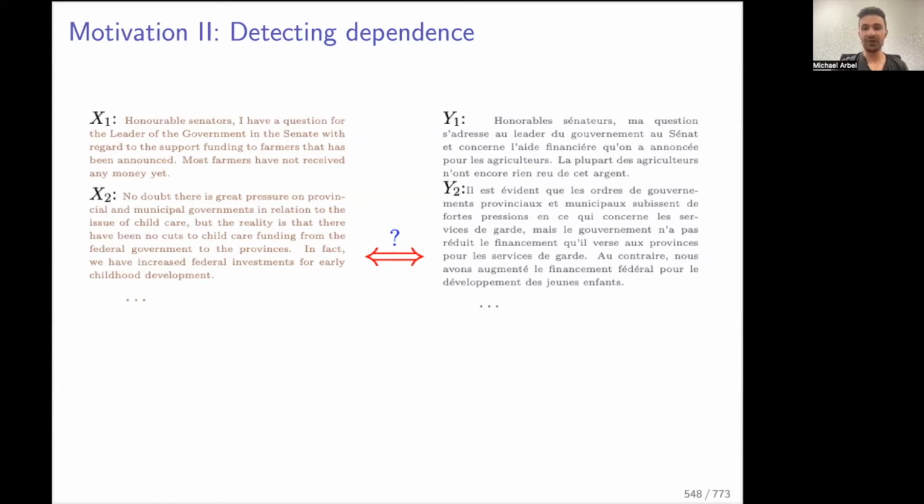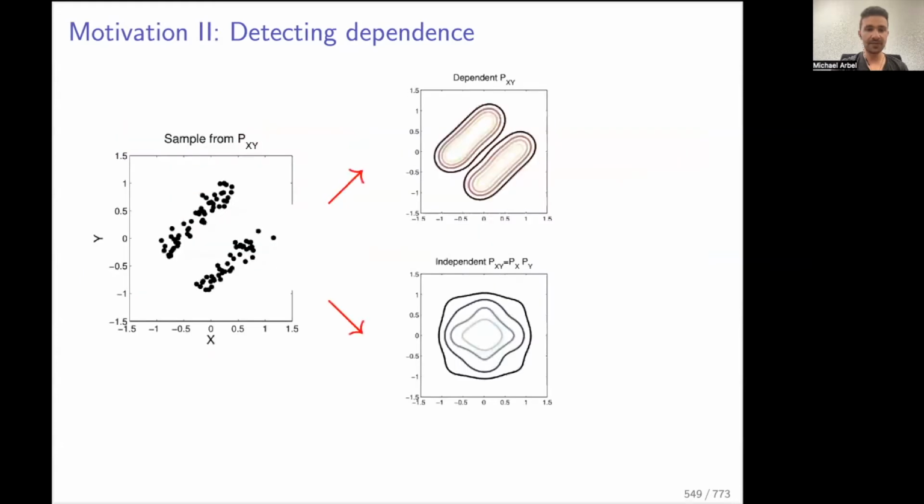But in general, if you are just given these pairs and you're asked whether these are dependent or not, you might want to devise a method that can tell you just by looking at the data whether this is the case or not.